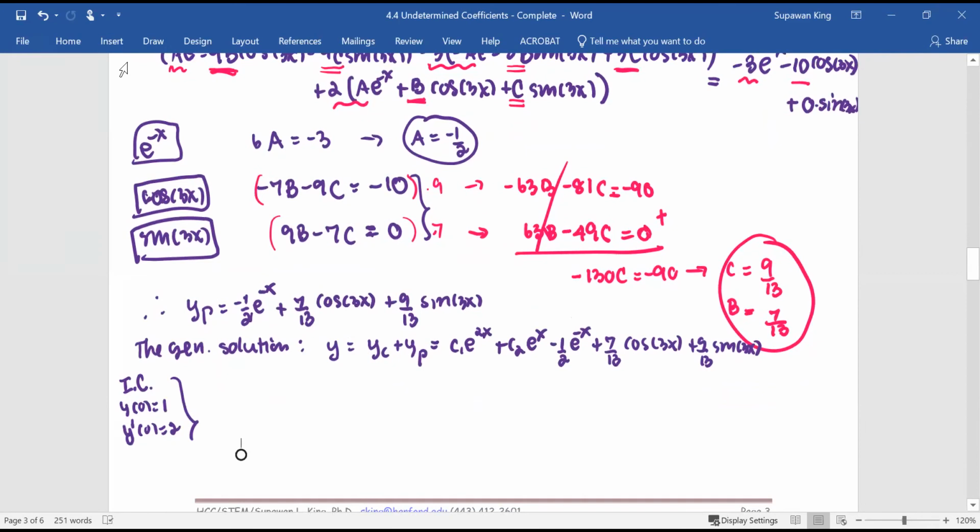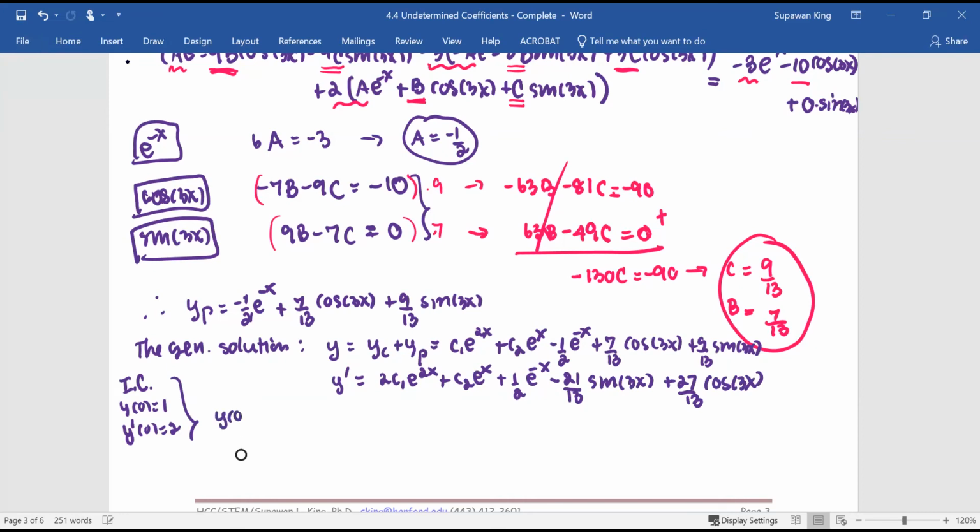Since y at 0 is known, now we're going to set aside y prime. y prime would be 2c1 e to the 2x plus c2 e to the x plus 1 over 2 e to the negative x minus 21 over 13 of sine of 3x plus 27 over 13 cosine of 3x, and then use each initial condition.